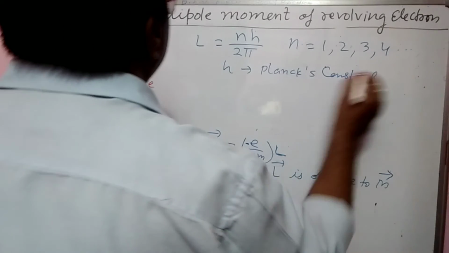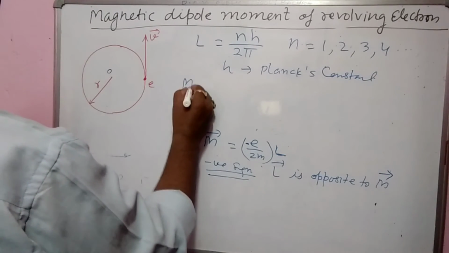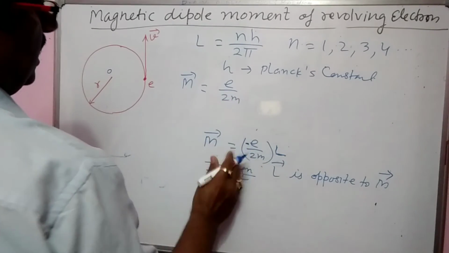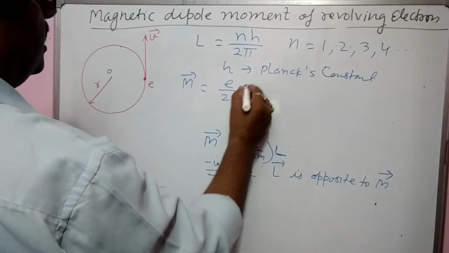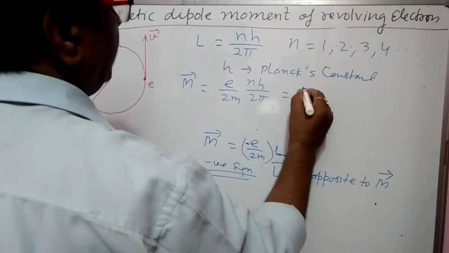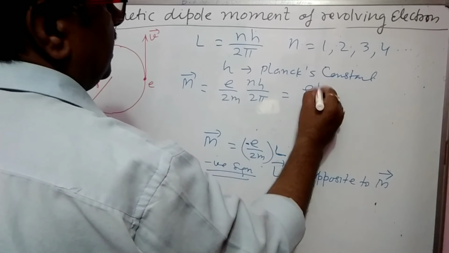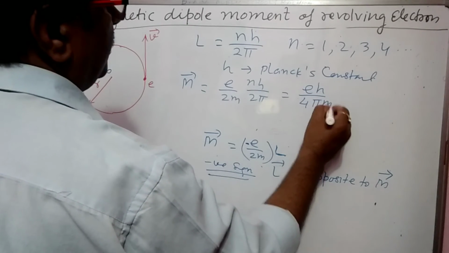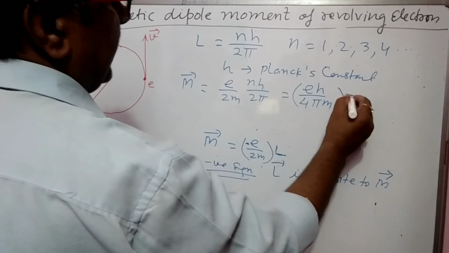Therefore, we will get M is equal to e by 2m, leaving the negative sign, times nh by 2 pi. So it will be eh by 4 pi m into n.